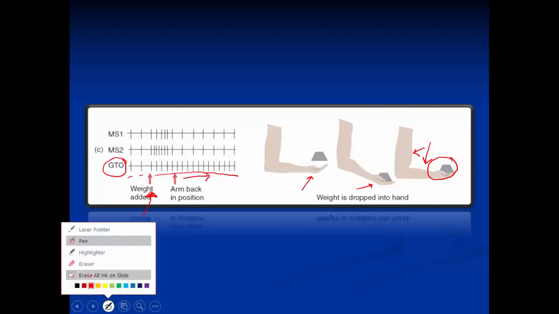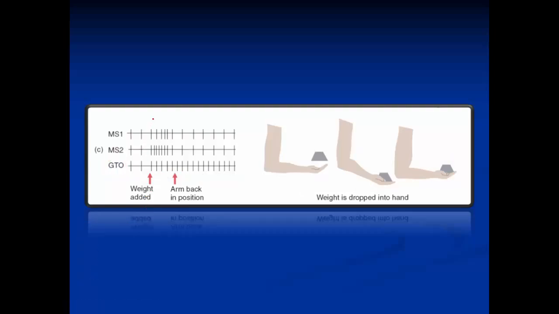Now, let's think about the muscle spindles. These detect stretch. So in this case, here we are at rest. We drop the weight. What happens to my muscle? In this case here, the muscle has stretched. Okay, so when we add the weight, these neurons are both going to fire.